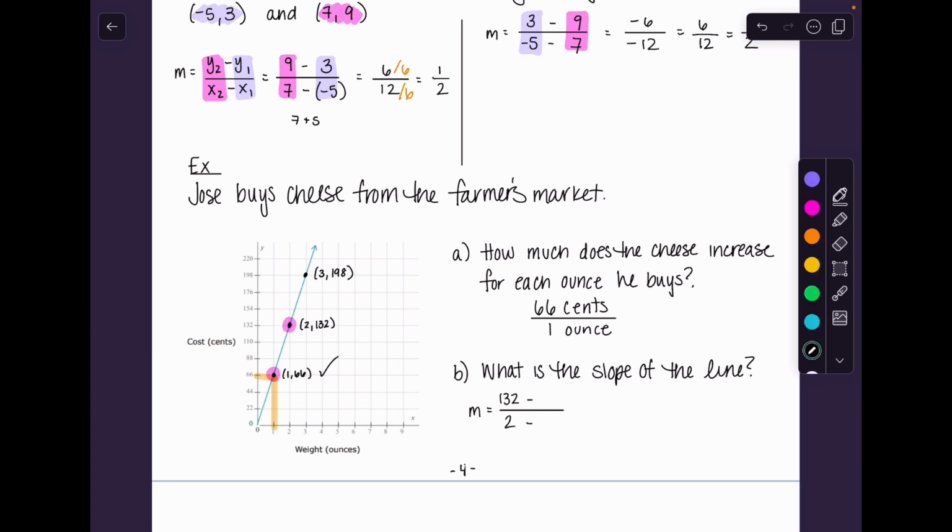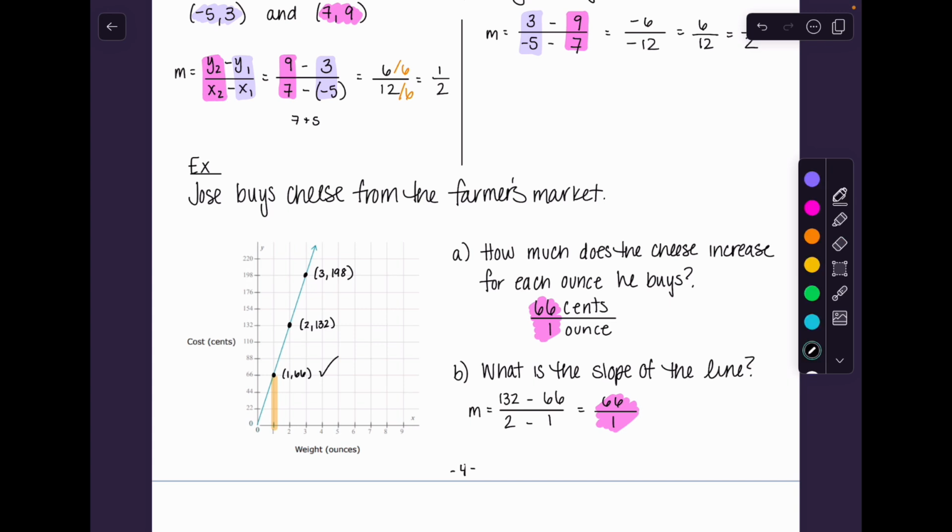Then going on to this point, the y value is 66, the x value is 1. If you do 132 minus 66, you get 66. And then 2 minus 1 is 1. So you really end up with exactly that unit rate that he's paying for the cheese. Okay. If you pick 2 different points, you'd end up with exactly the same thing.